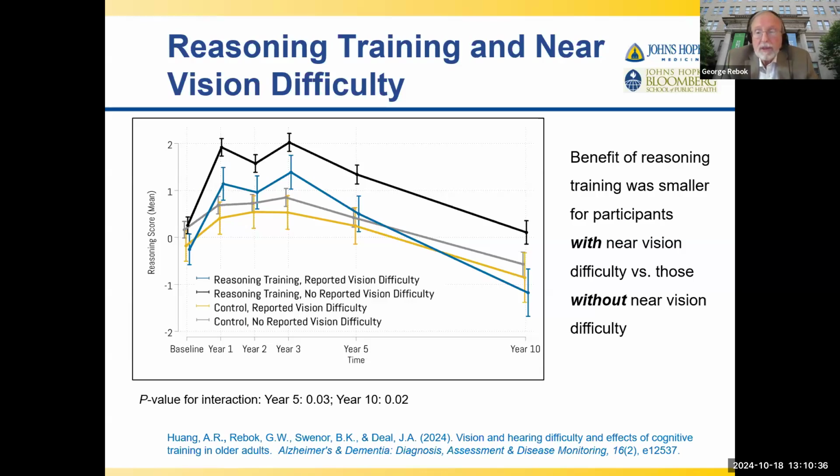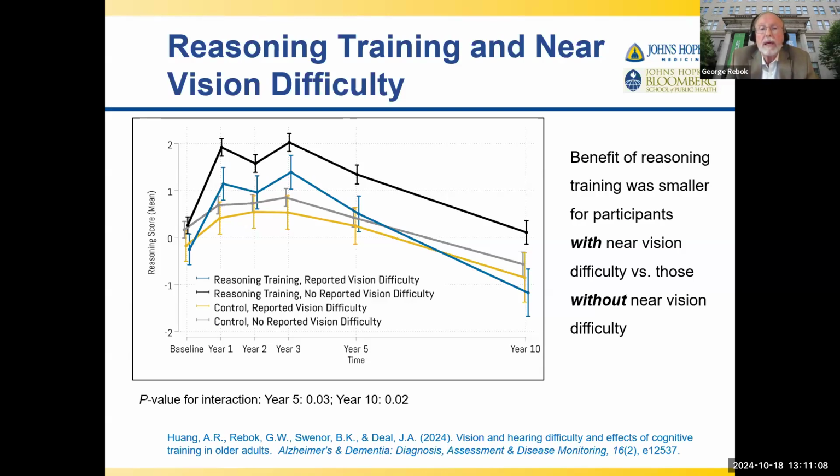One of the factors that we became increasingly interested in is sensory difficulties and how they impact on training. And we published a review about a couple years ago in Alzheimer's and Dementia that concluded that in cognitive training studies, many people are excluded because of sensory deficits, and almost 90% of the studies don't even report how they measured things like vision and hearing.